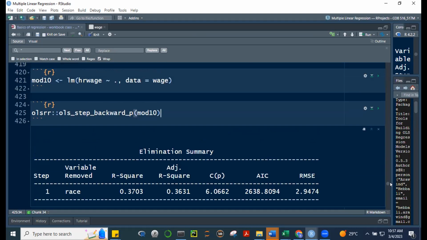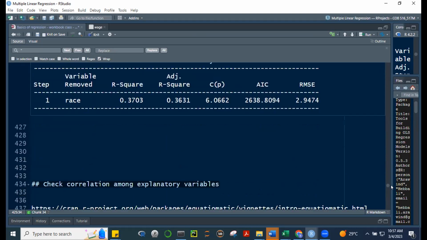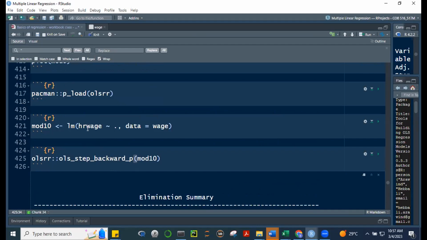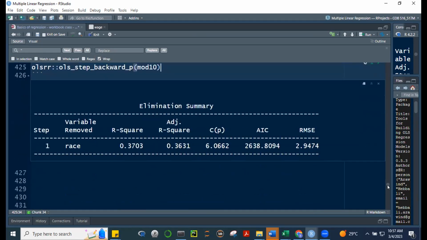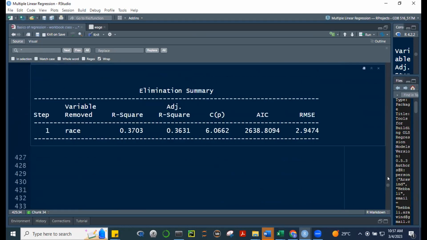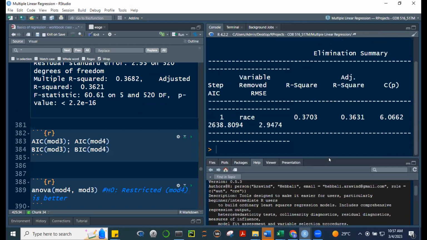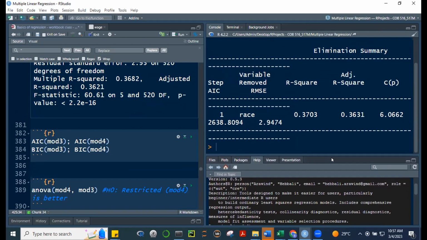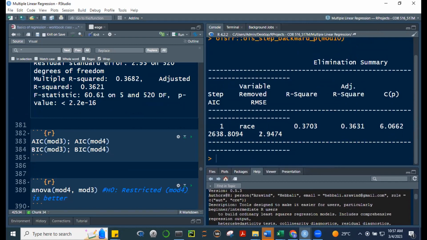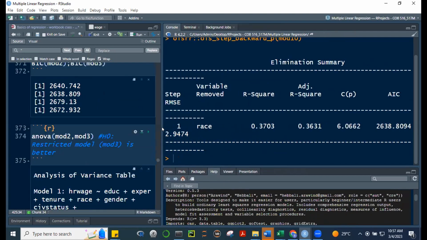Okay, hindi yata, wait ha, hindi kompleto. Ano yung 10 ko? Hourly wage, regression, all the variables. Ang kulang ba yung model ko?